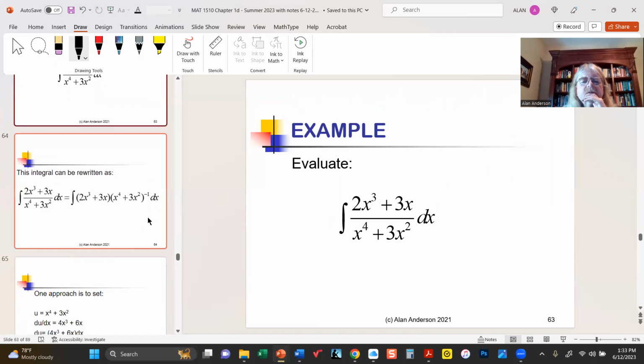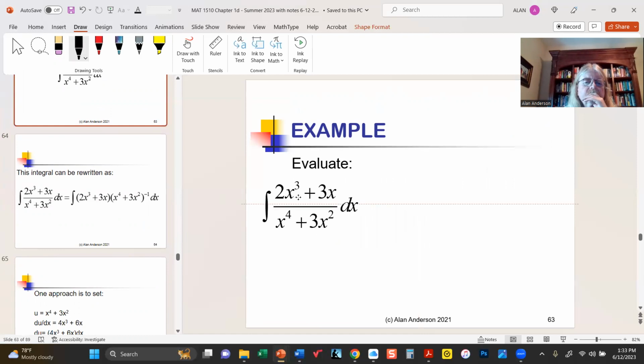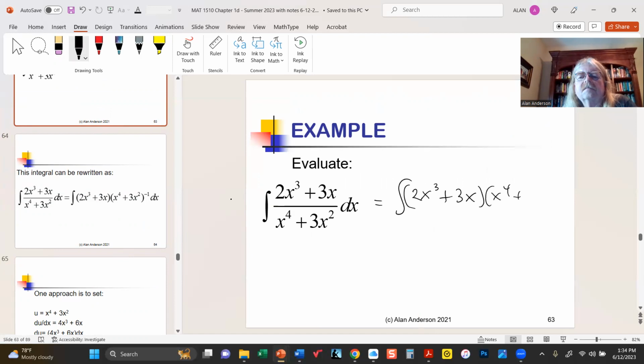Now, what are we supposed to do with that one? Well, one possibility is to write it like this. All to the minus 1 power, that is.